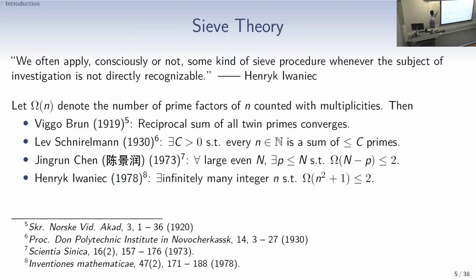And he said that we often apply, consciously or not, some kind of Sieve procedure whenever the subject of investigation is not directly recognizable. So when we're confronted with something that we don't know, we tend to divide it into different cases and then analyze them respectively.